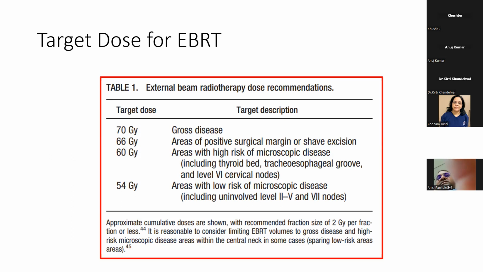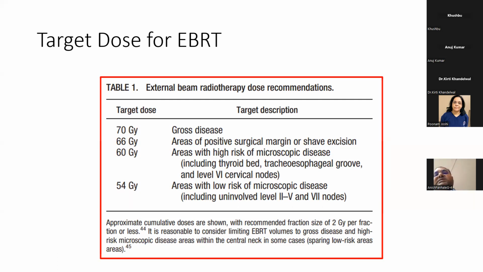And 60 gray is the adjuvant dose. Like if we have a completely resected tumor and we don't have gross residual disease, again we give the 60 gray dose. Like I told earlier, we include the thyroid bed, the tracheoesophageal groove, and the level 6 cervical nodes and the lateral nodes based on their lymph node involvement.